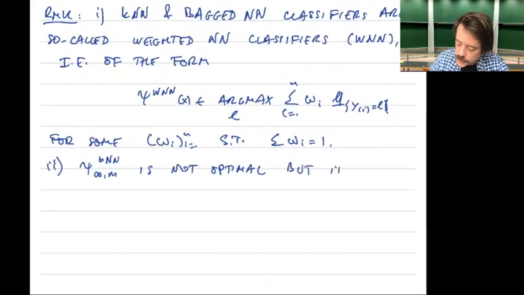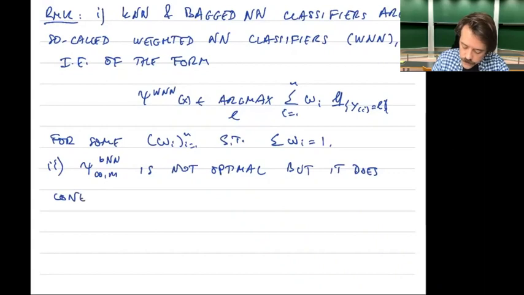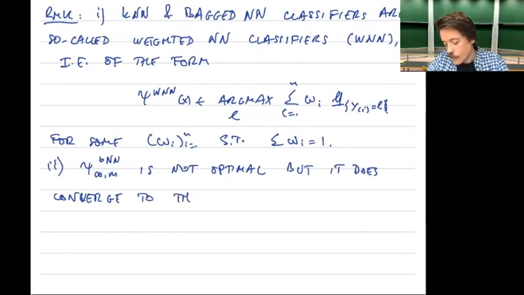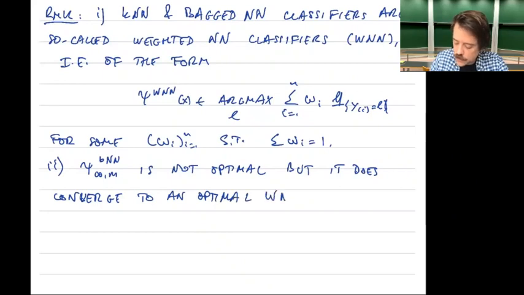But it does converge, let's just say, to an optimal weighted nearest neighbor classifier as the number of covariates increases. Yep.